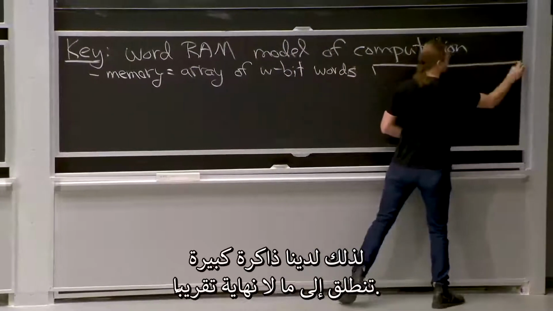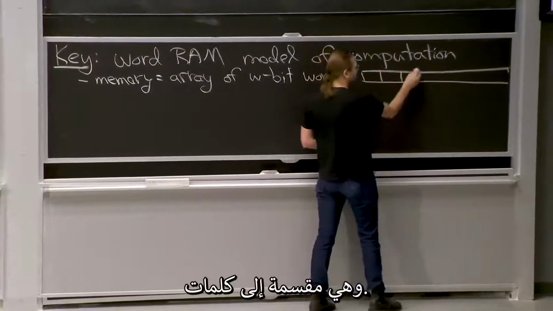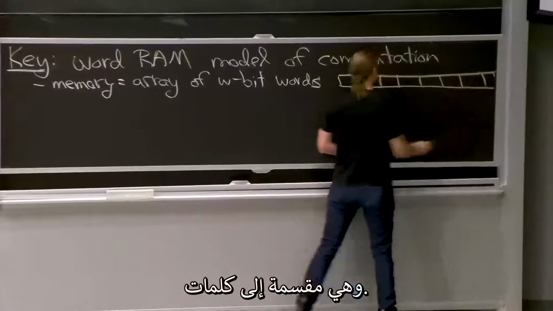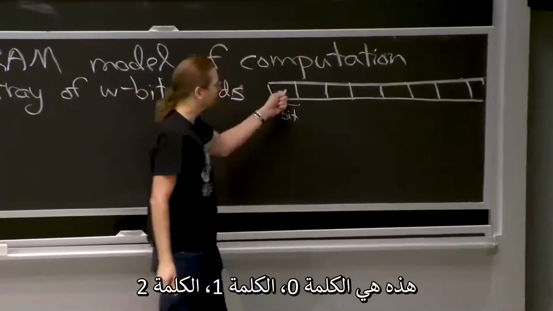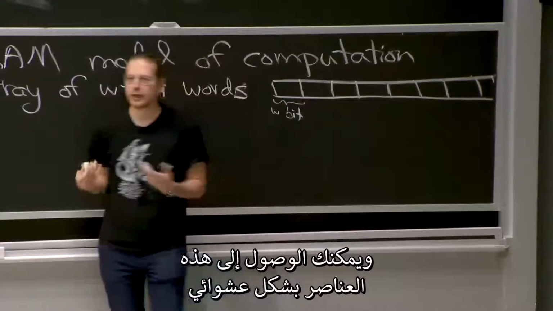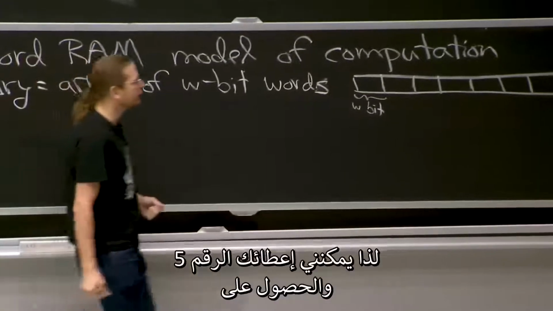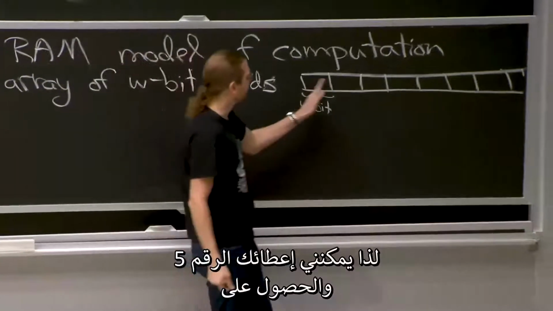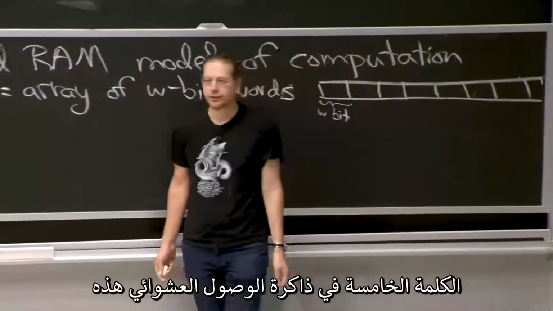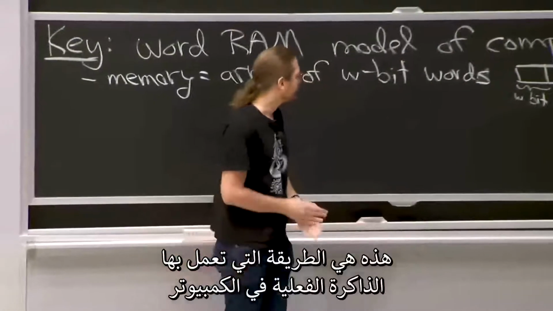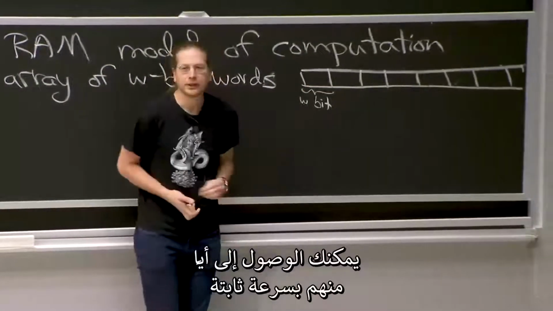So we have a big memory, which goes off to infinity maybe. It's divided into words. Each word here is w bits long. This is word 0, word 1, word 2. And you can access this array randomly, random access memory. So I can give you the number 5 and get 0, 1, 2, 3, 4, 5, the fifth word in this RAM. That's how actual memories work. You can access any of them equally quickly.